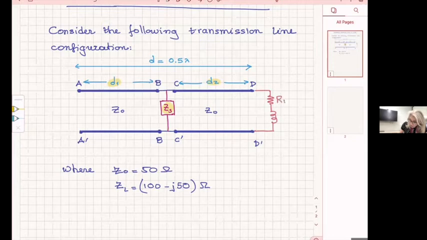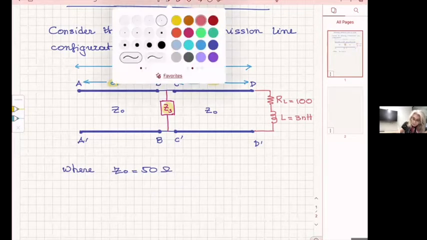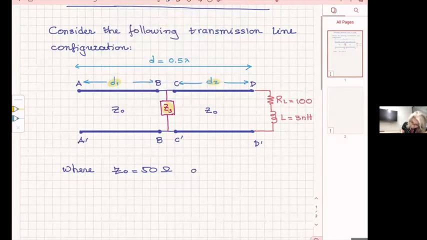And RL, say it's 100, and L is going to be 3 nanohenries. And so I erase that since I gave this. And the frequency F, which is the operating frequency, say it's 10 gigahertz.